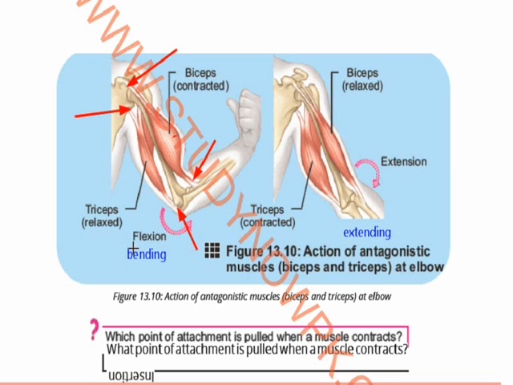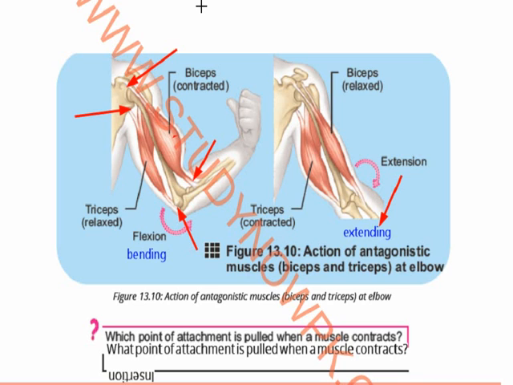One more thing, what are flexion and extension? Extension means extending and flexion means bending. When we talk about flexion, it means the arm is bent, but when we are talking about extension, it means the arm is not bent and it is extended.